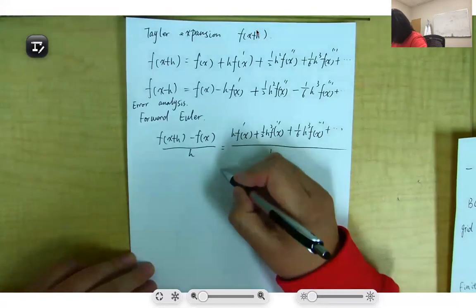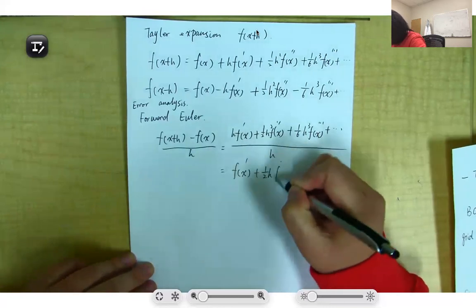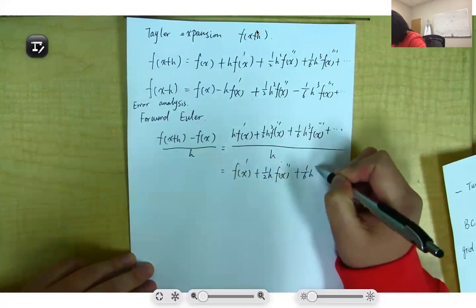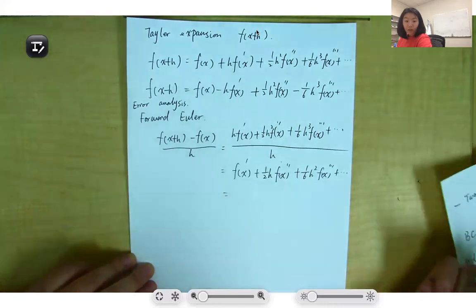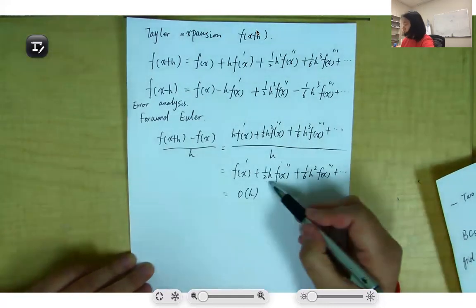And that is f'(x) plus half h f''(x) plus 1 over 6 h squared f'''(x) plus and so on. So this is on the order of h, right? So this is on the order of h.